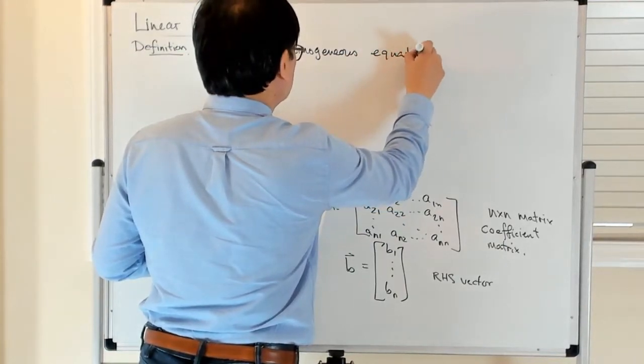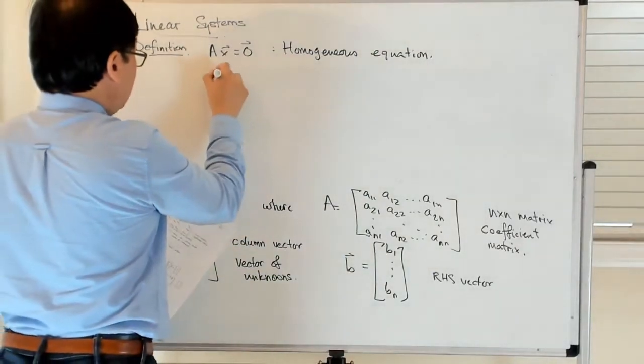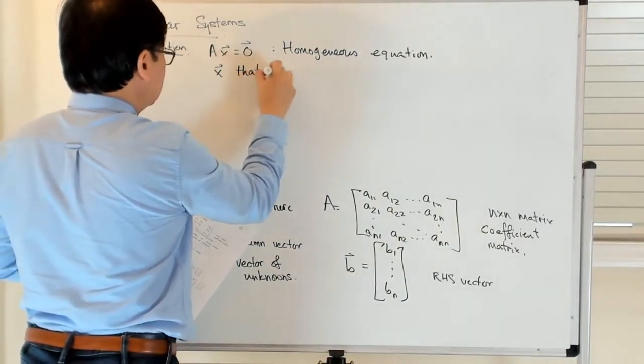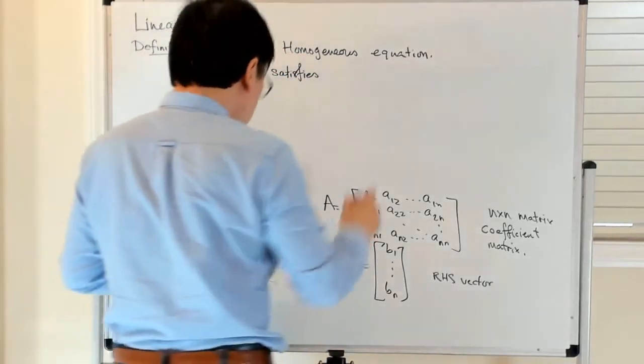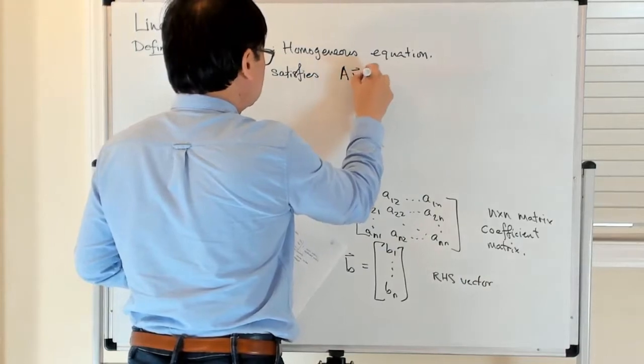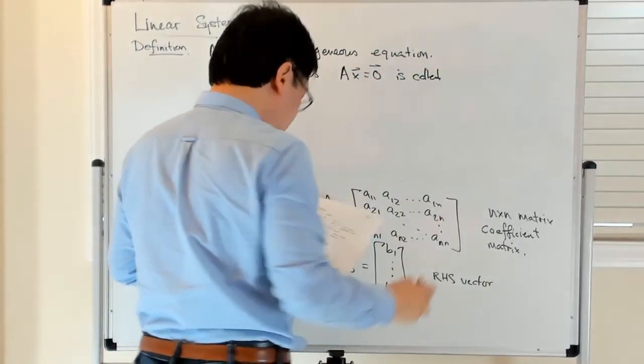And its solution is called the homogeneous solution. So x that satisfies Ax equals to 0 is called the homogeneous solution.